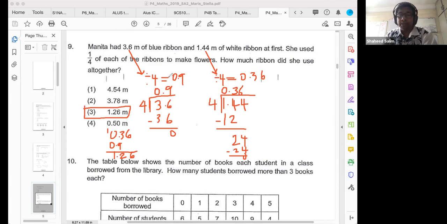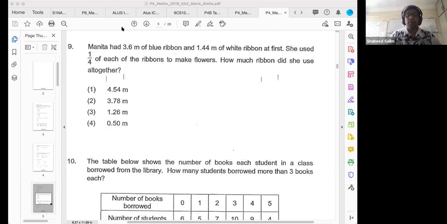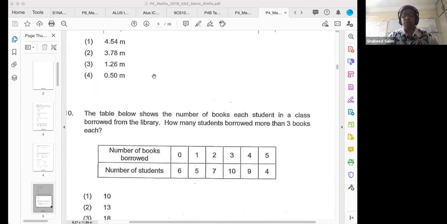You add both these up because how much ribbon did she use altogether? She used 1/4. 1/4 is 1 out of 4 parts. So you divide by 4. 0.9, then 0.36 meters. You add together 1.26 to make flowers. Okay. Move on.